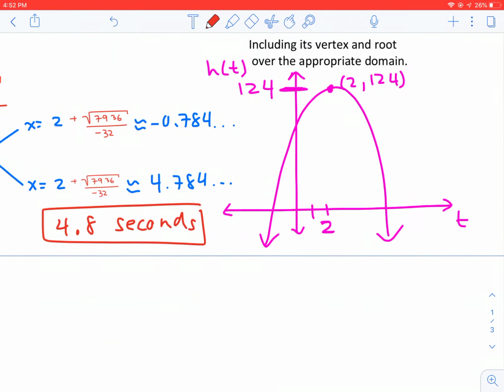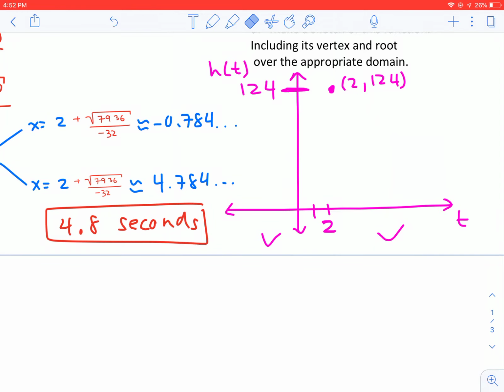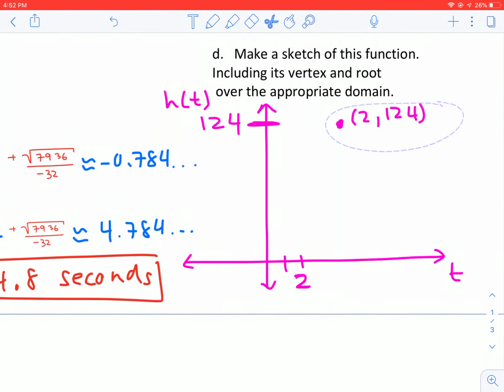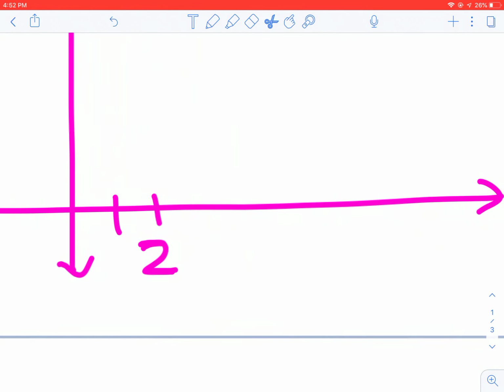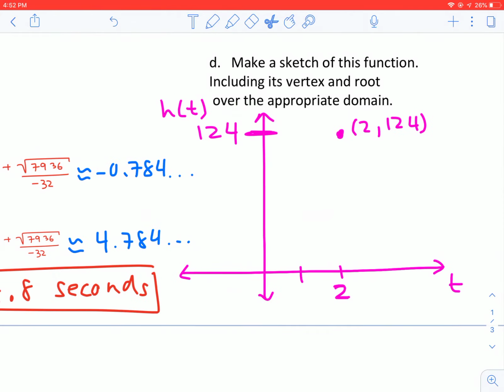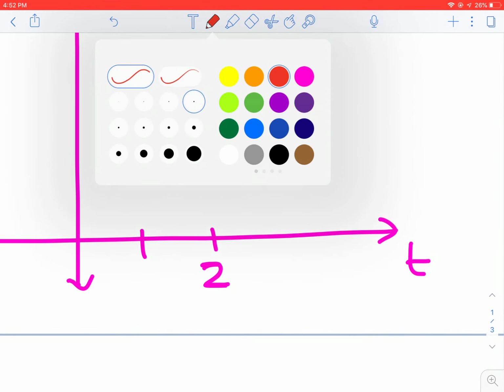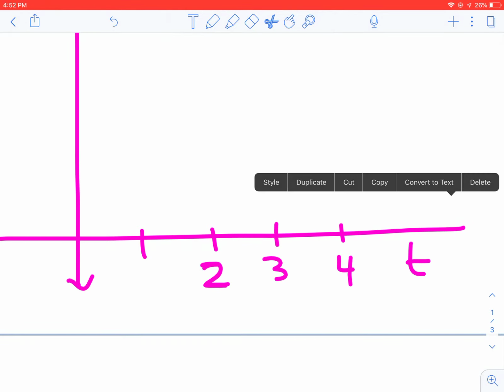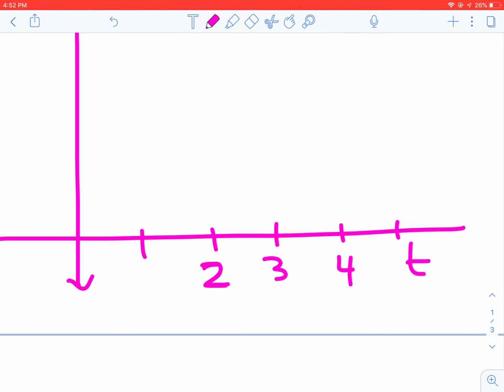So if I'm drawing this to scale now, or at least a little bit more to scale, let me stretch this out a little. I'll make 2 over there, 1 over here. All right, that looks good. 3, 4, and 5.